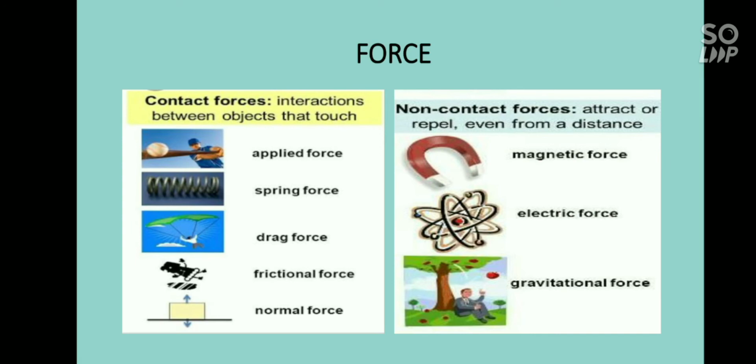If you take a magnet near iron nails, you can feel the attraction before touching the iron nail itself. So this comes under non-contact force. Next is electric force, which you will study in higher classes.